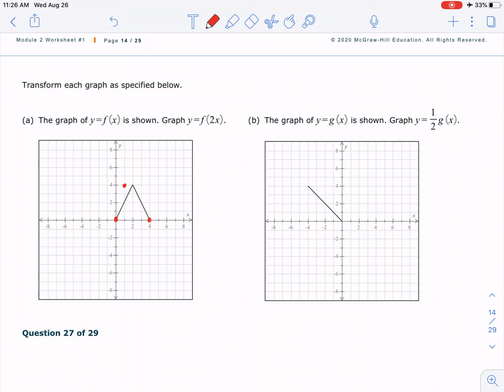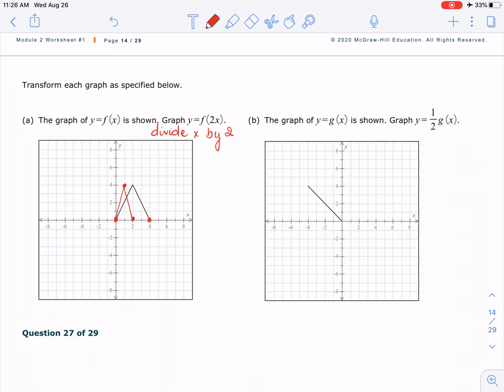This one, the x coordinate is 4. I'm going to divide by 2. So I get 2. So let me do this. Divide the x coordinate by 2.